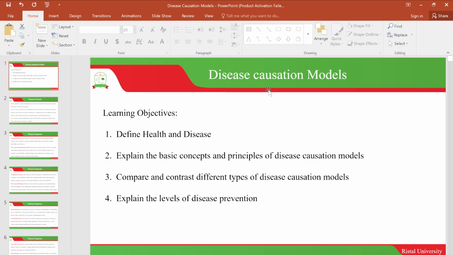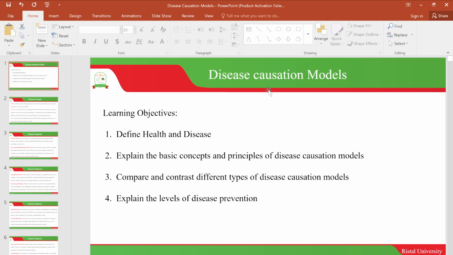Okay, and this presentation basically is to understand the diseases that can happen in a population, and how they are actually caused, and how can we reframe the ways in which different diseases are caused in a way that will allow us to implement interventions to improve population health. That is our interest in this discussion.